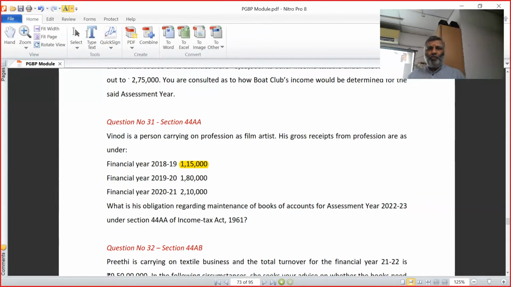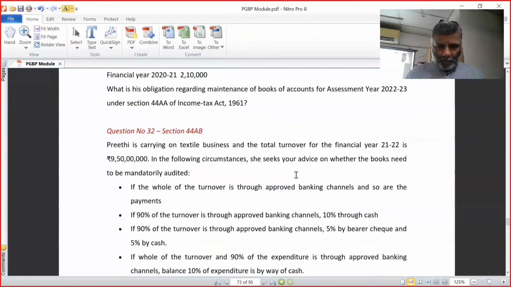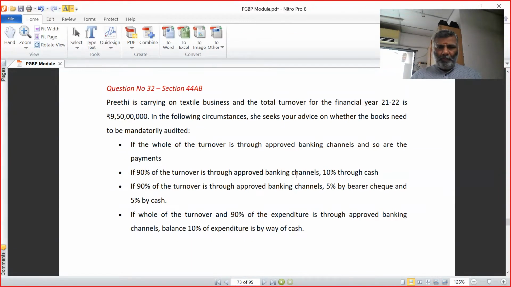I'm going into 44AB questions now. Preeti, carrying on textile business, has a total turnover for the financial year of 9 crore 50 lakhs.